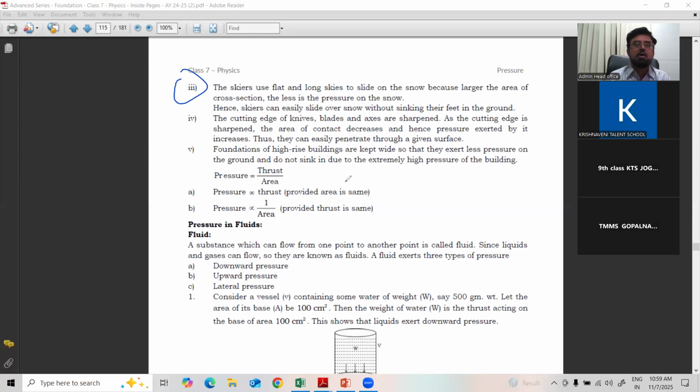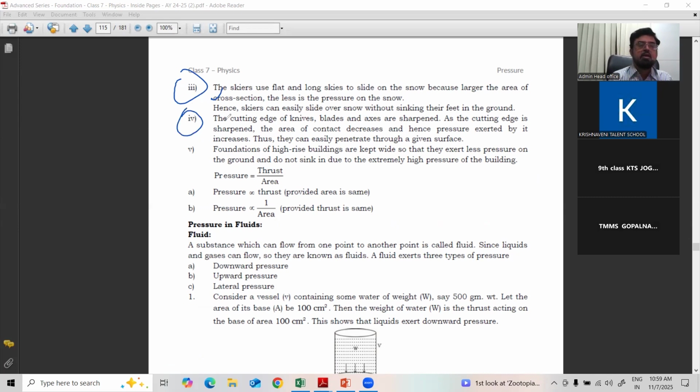So flat and long skis to slide on the snow, because the larger the area of cross section, the lesser the pressure on the snow. As you feel less pressure on the snow, they can move easily. Hence, skiers can easily slide over snow without sinking their feet into the ground. With the skis, they move along the ice without sinking.